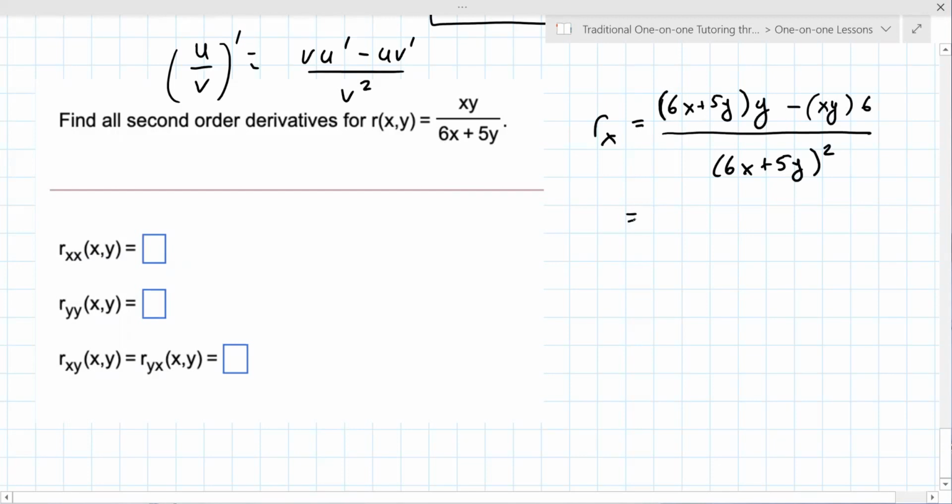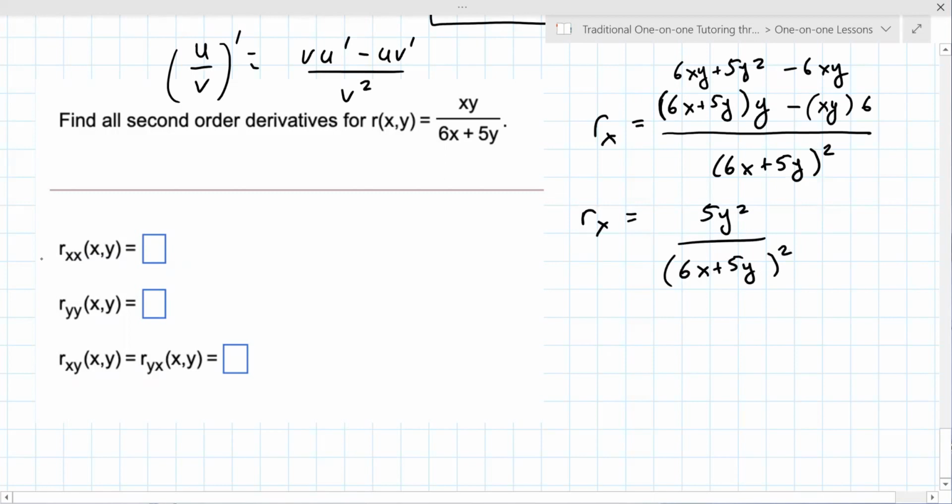And we definitely want to simplify this. This up here becomes 6xy plus 5y squared minus 6xy. Nicely those cancel. So you just get 5y squared over 6x plus 5y squared as your Rx.